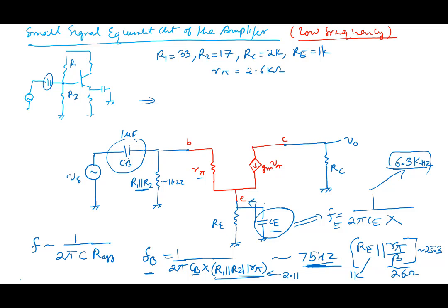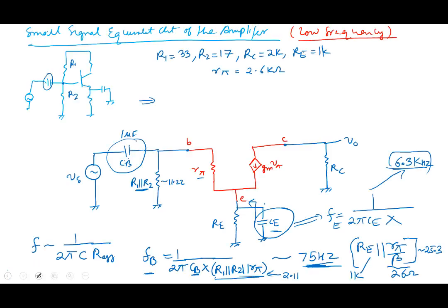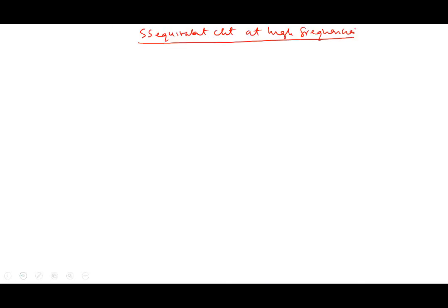Now what we need to do is obtain the small signal equivalent circuit at high frequencies. So again, we need to take our amplifier and build a small signal equivalent circuit. Let me do that for you. Again, our amplifier, just keep that in mind. Amplifier is here.